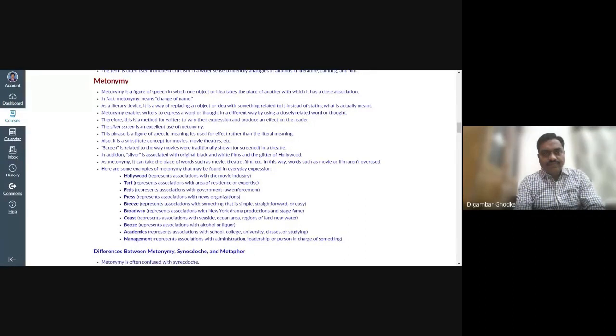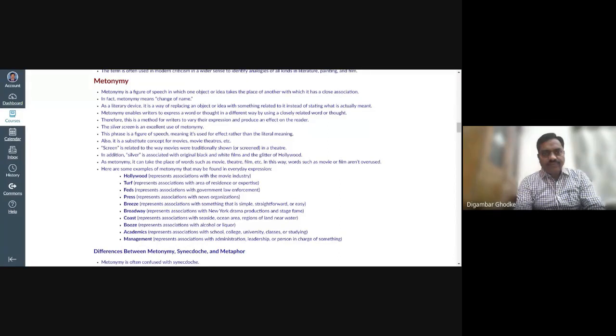But in metonymy, one object takes the place of another object. That is the difference. In metaphor we saw the sea is the roads, means the comparison is made. That is an implicit comparison. We can understand it easily. But here in metonymy, the object takes the place of another object. So, in fact, metonymy means change of name itself. The name itself is changed.